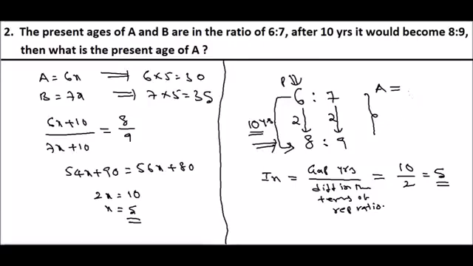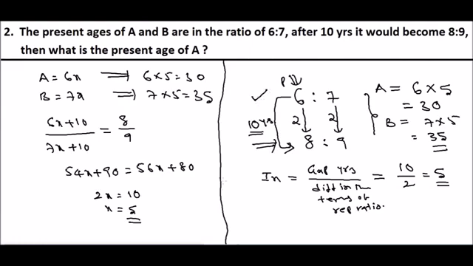Present age of A is ratio 6 into the interval 5. 6 into 5, that is 30. If they want us to find out the age of B at present, B will be 7 into 5. Now that will become 35. This is as simple as this one. Got the clarity, right? Next time onwards, we can use this shortcut.